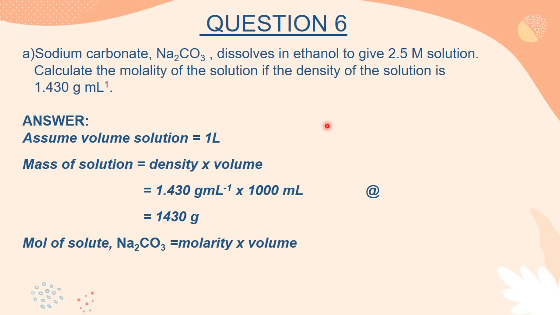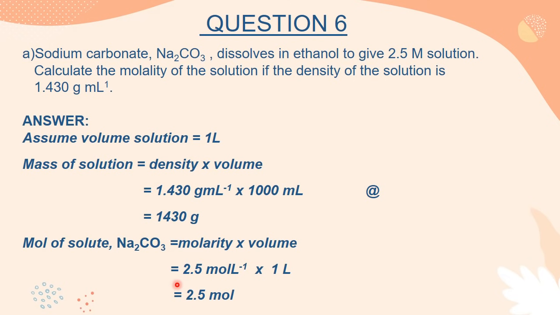And then after that, by using the molarity of sodium carbonate, we can determine the mole of solute. Mole of solute equal to molarity times volume. So molarity 2.5 times volume 1 liter because we assume volume 1 liter. So you can get mole of solute 2.5 mole.